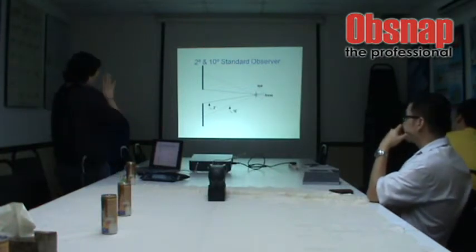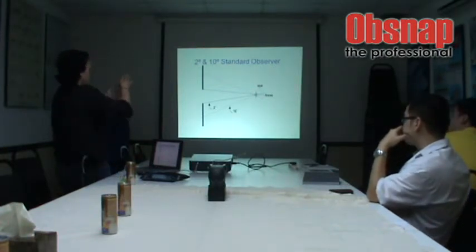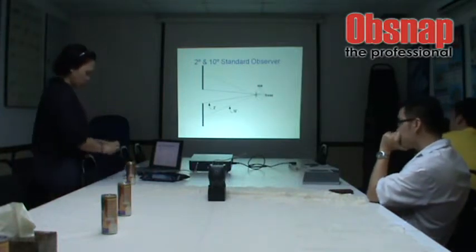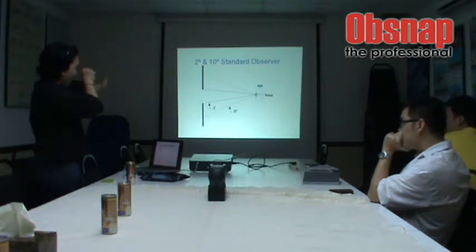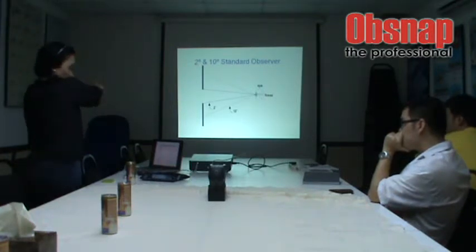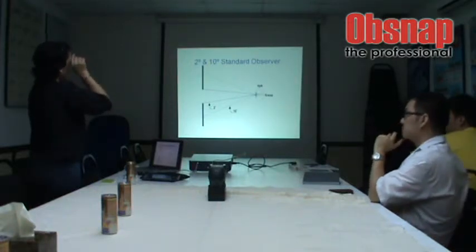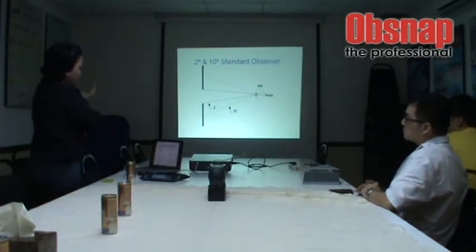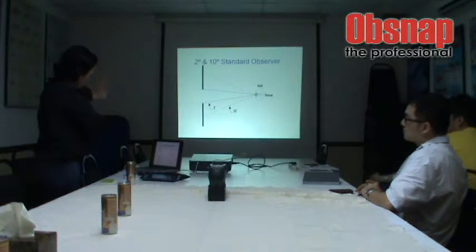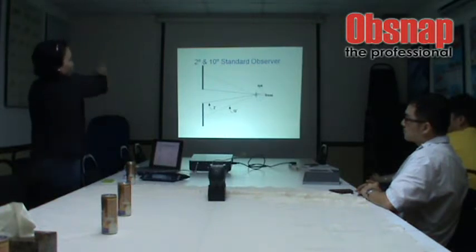Try to experience it: when you look at your thumb, your eyes suddenly focus on it, and that is the 2-degree observer. The viewing angle becomes 2 degrees. But when you put your palm up, now you want to look at the bigger size, and that is a 10-degree observer.